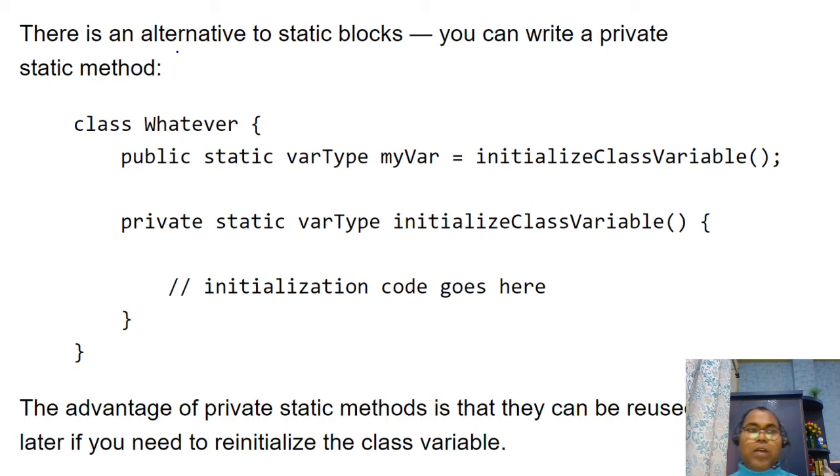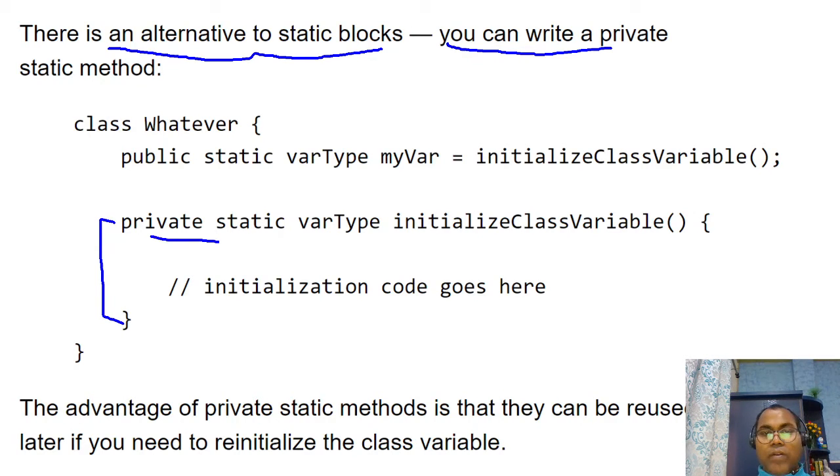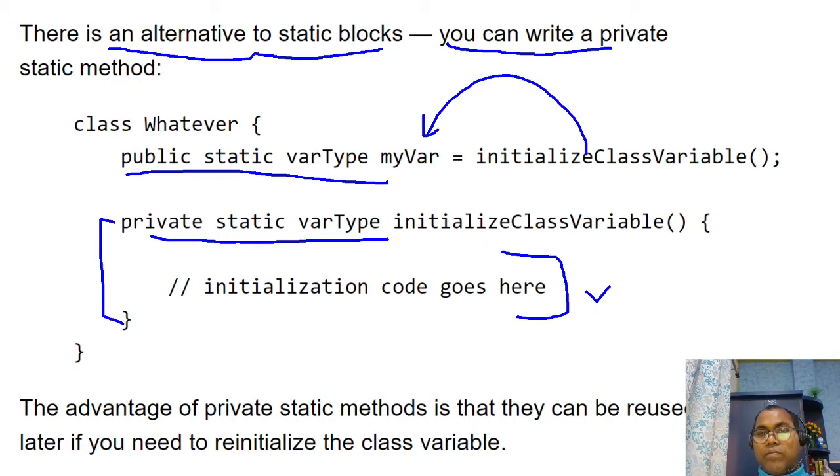And there is an alternative way to a static block as well. You can write a private static method. Instead of writing a static block, you can write a private static method and put all your initialization business logic here, and while declaring a static variable you can invoke this static method.